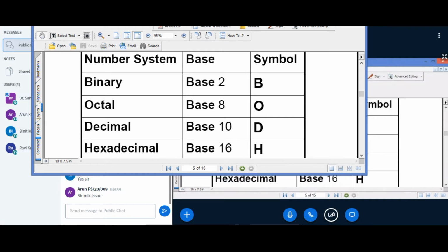So the hexadecimal is a group of 4 digits. It starts from 0 0 0 0, means 4 digits, and it ends at 1 1 1 1. So from 0 0 0 0 to 15, total 16.